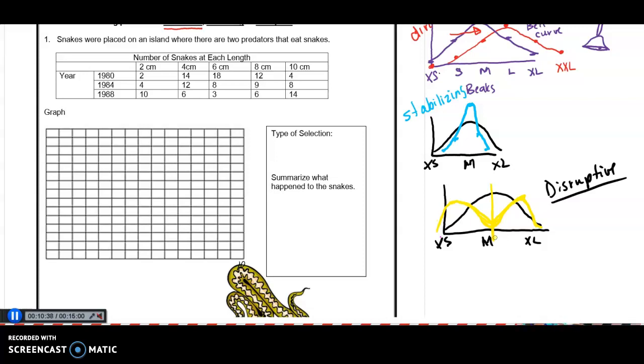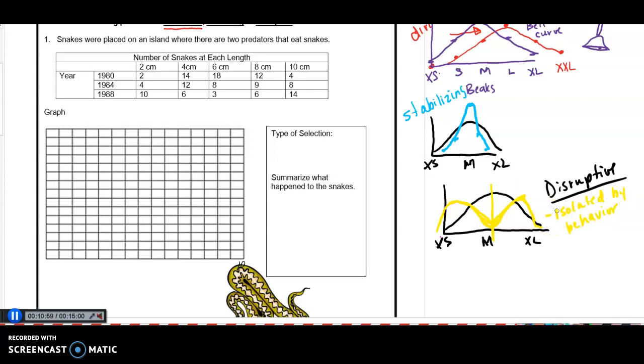Disruptive selection creates a disruption where the two extremes are meeting their needs in very different ways. And what that can do is make them become isolated by behavior.